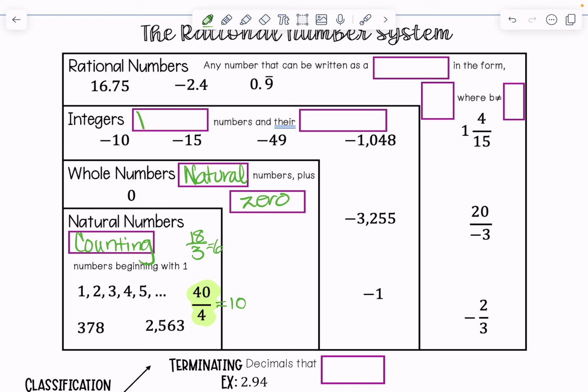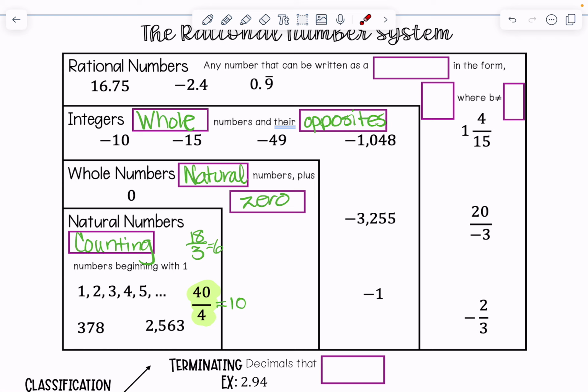Integers are whole numbers and their opposites. So again, all of our natural numbers and whole numbers are also considered integers. If we have positive 15, now we're looking at negative 15.